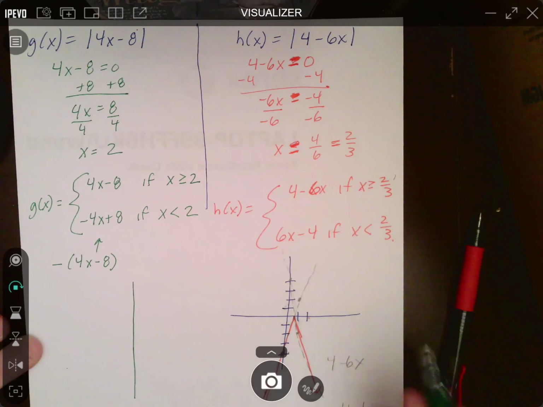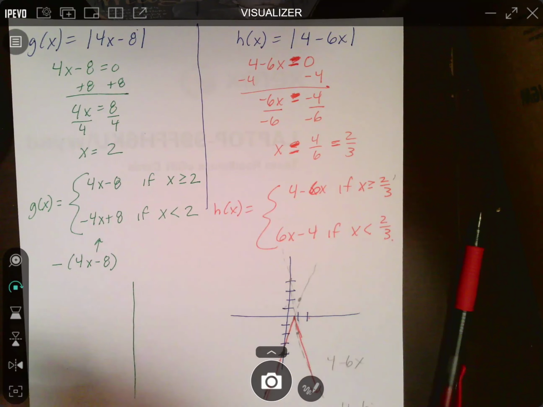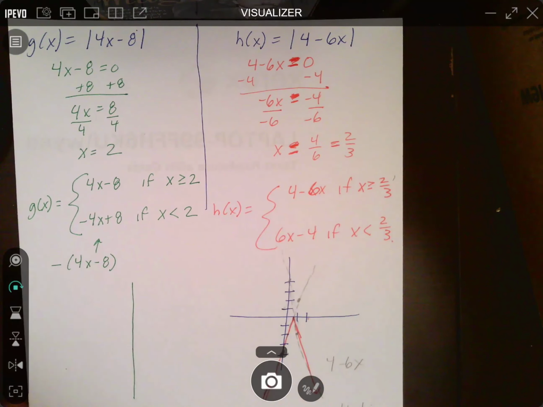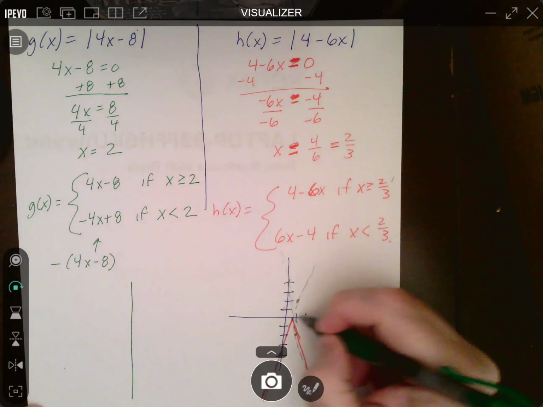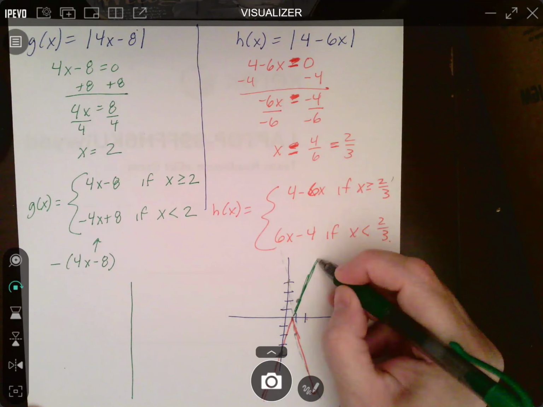Wait a second. I'm going the wrong way. This is negative, not positive. I drew that wrong. It's doing this. Let's go with green right here. It's doing that part.